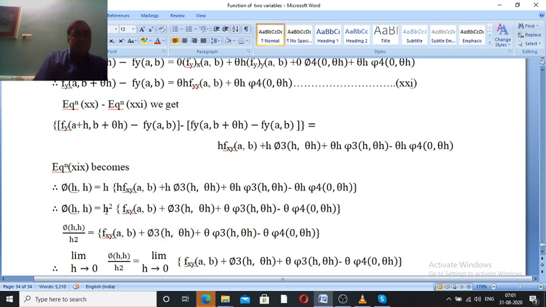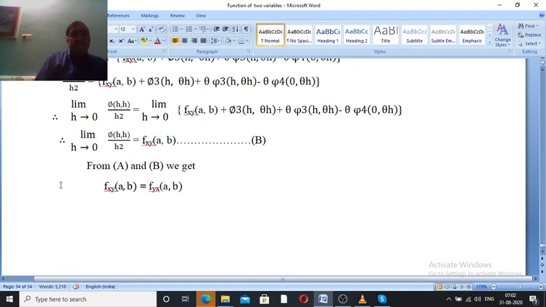Phi of h upon h square is equal to fxy at point (a, b) plus phi 3 of (h, theta h) plus theta psi 3 of (h, theta h) minus theta psi 4 of (0, theta h). Therefore, taking the limit h tends to 0, phi of h upon h square is equal to the limit of this expression as h tends to 0.